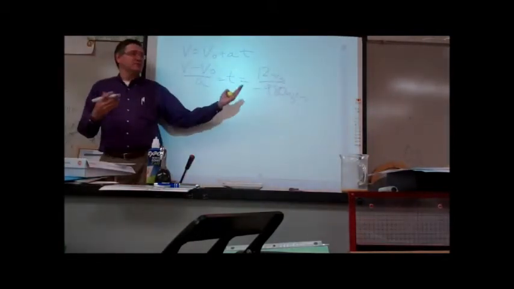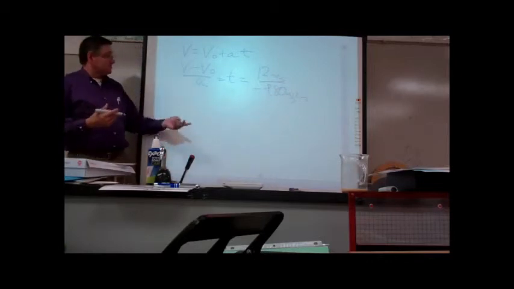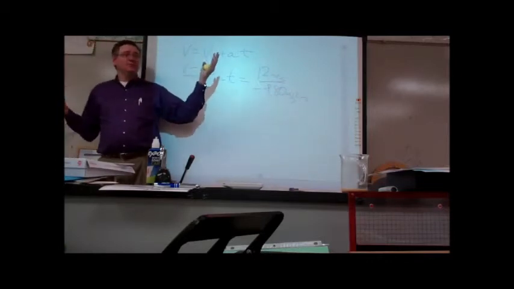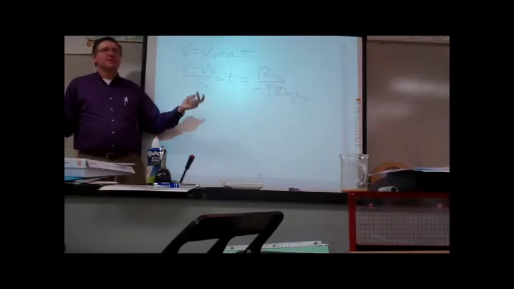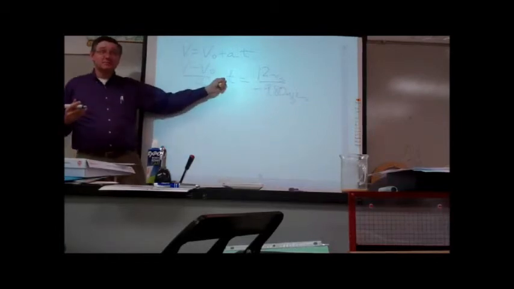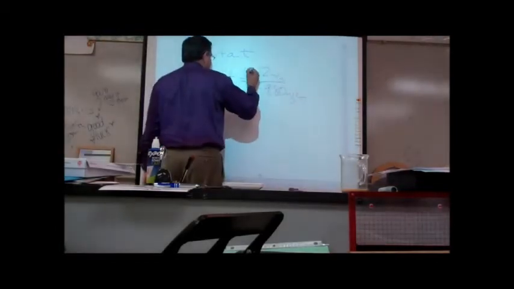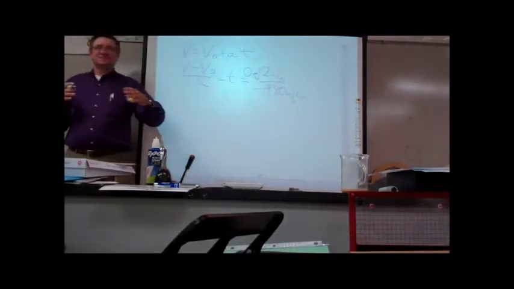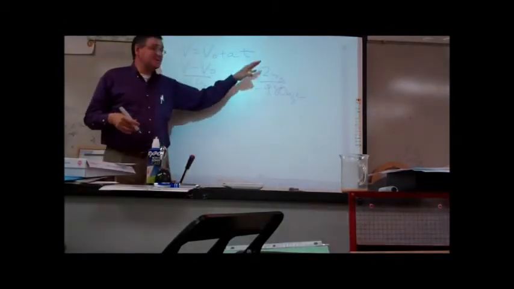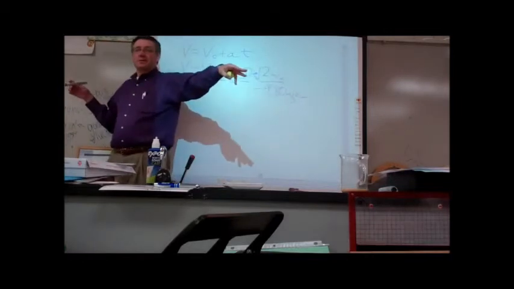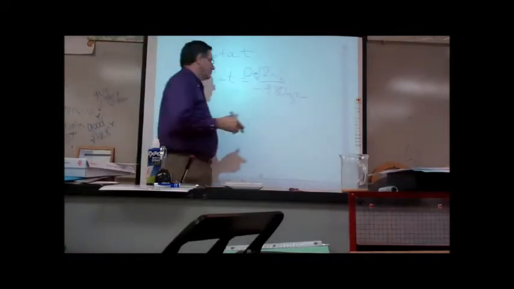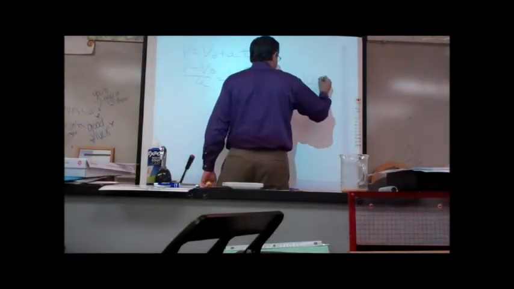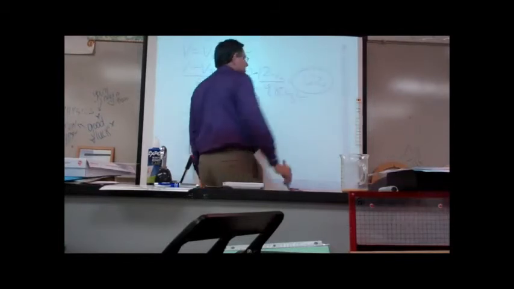So what can I do? It's 0 minus 12. Now it becomes consistent. So somebody take 12 and divide it by 9.8. 1.22 seconds. All right, so that's my time up.